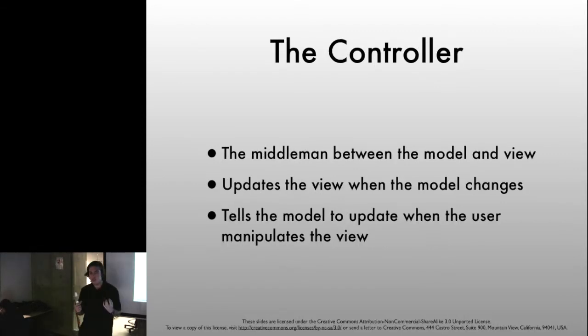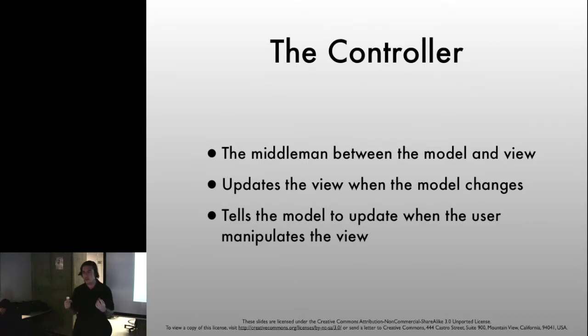And then mediating between the view and the model is either a single controller object or a collection of controller objects. Anytime the content of the model changes, it tells the view, hey, the view needs to be updated because the model's been changed. Or anytime the user interacts with the view, they press a button that causes something to happen in the model, the controller receives that input from the view and then tells the model to change.